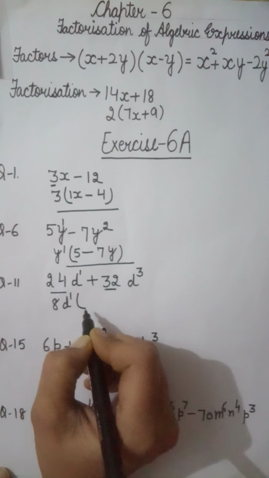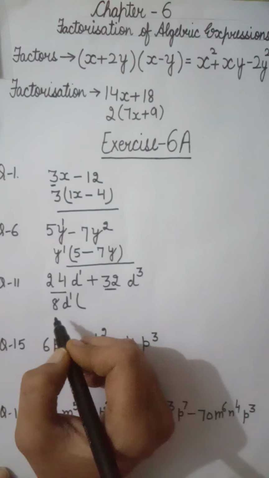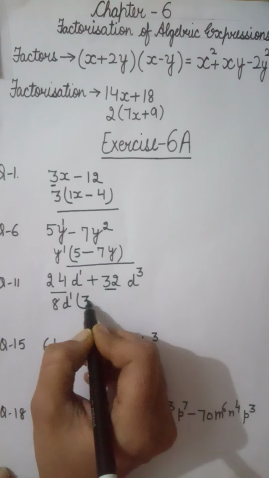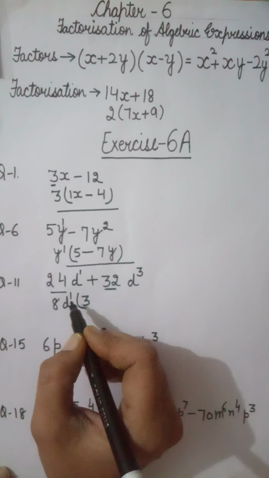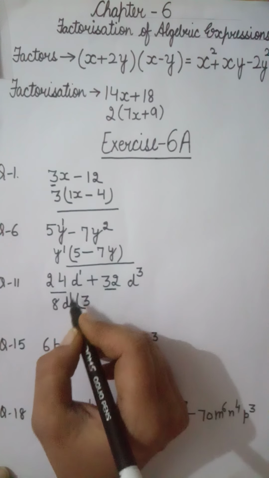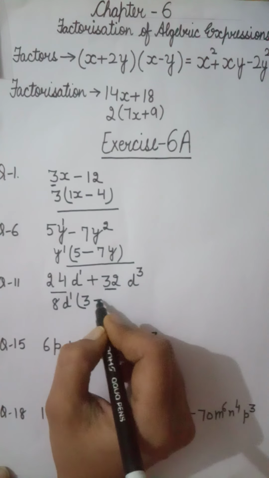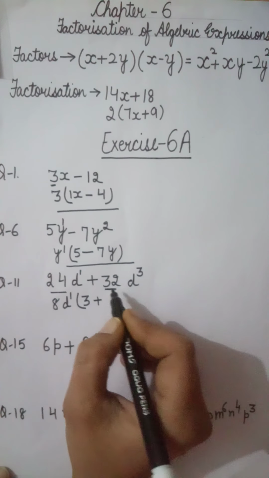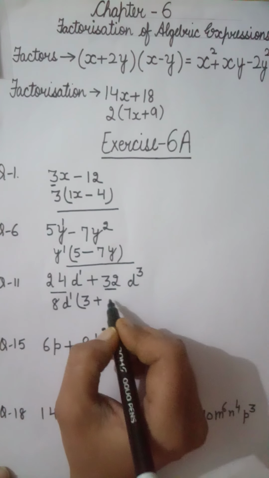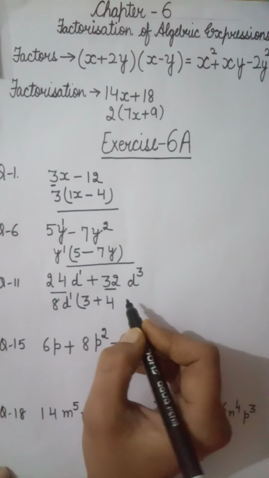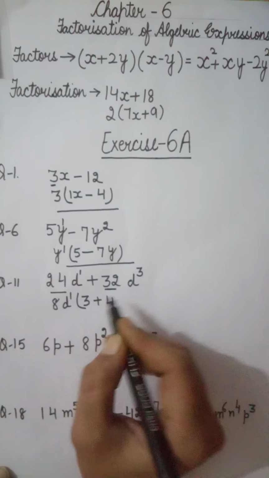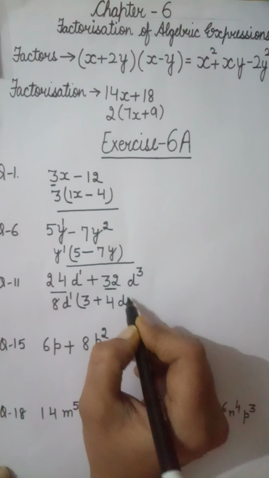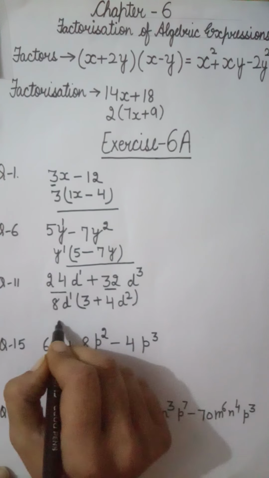Now we divide 24 divided by 8 we get 3. 8 3s are 24. Then d1 divided by this d1 we get 1 plus 8 4s are 32. 32 divided by this 8 we get 4. Now d3 divided by this d1 we get d2. Now this is the answer.